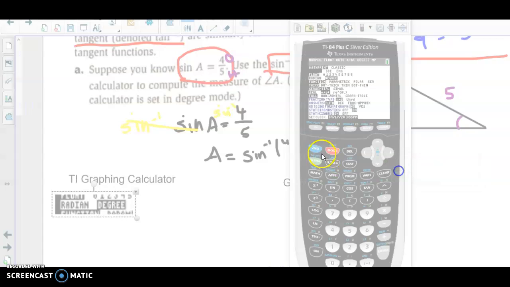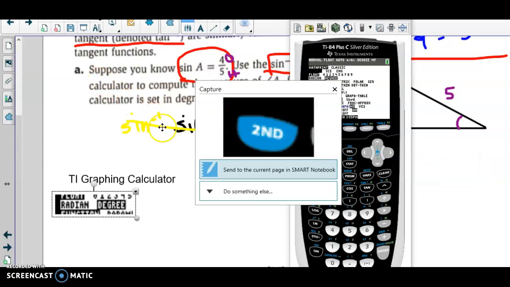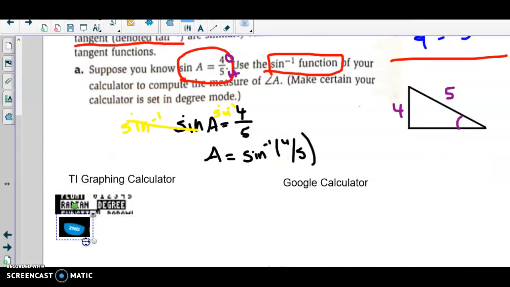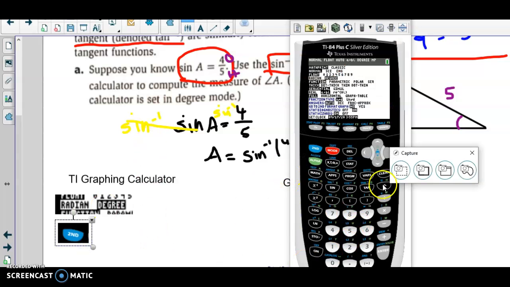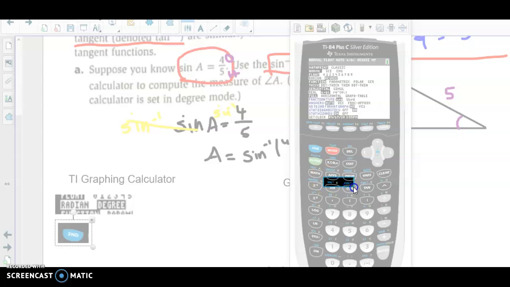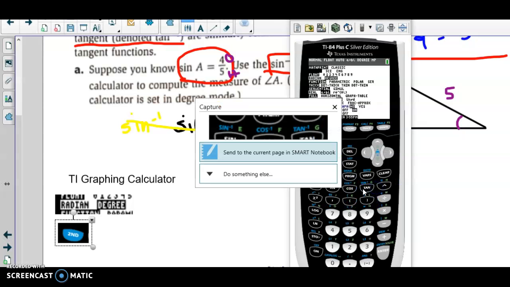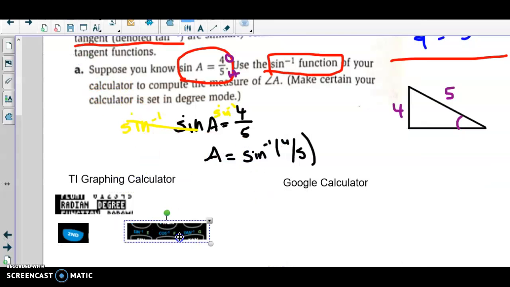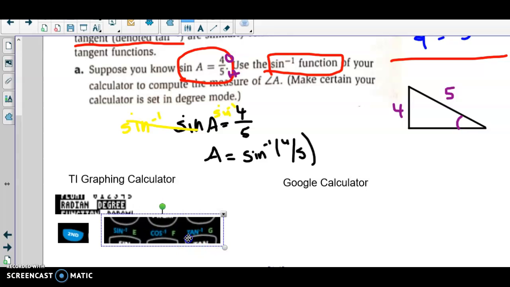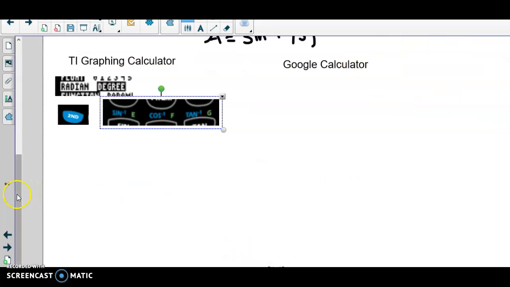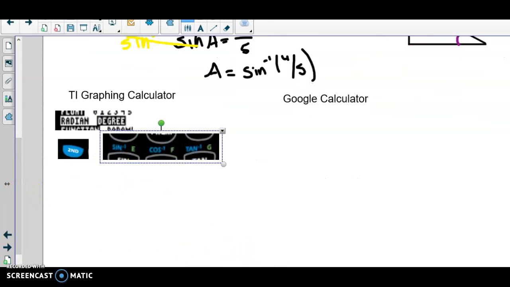That means we need to hit our second button first, because that's our blue button. And then from that, we use one of our trig functions. For this one, we happen to use inverse sine, but for the other ones, we might be using cosine inverse or tangent inverse, okay? So let's go back to our calculator.